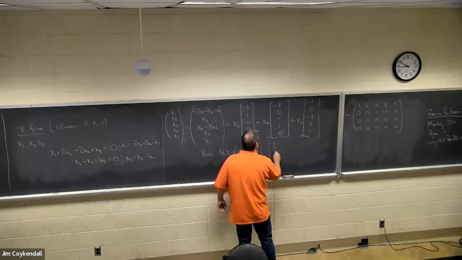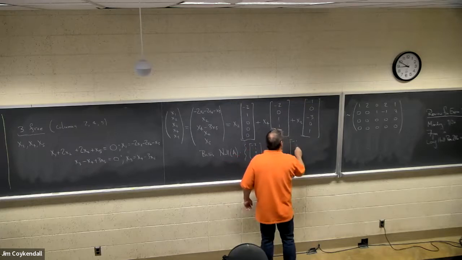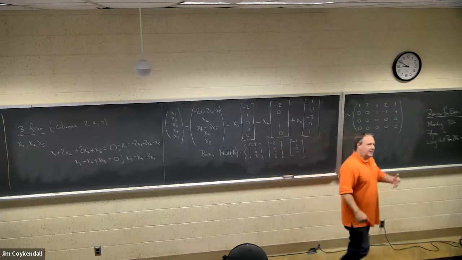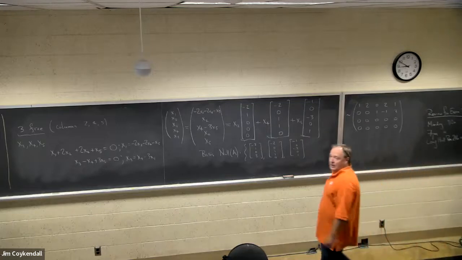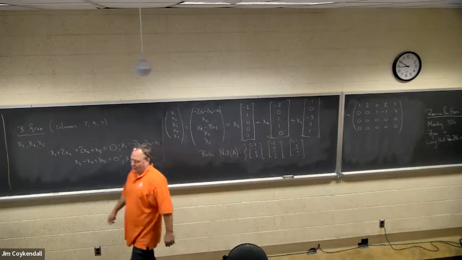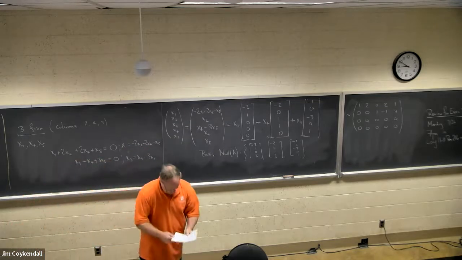Minus 2, 0, 1, 1, 0. And minus 1, 0, 1, 3, 0. So it's basically the vectors that multiply your free parameters are exactly what give you the basis for your null space.